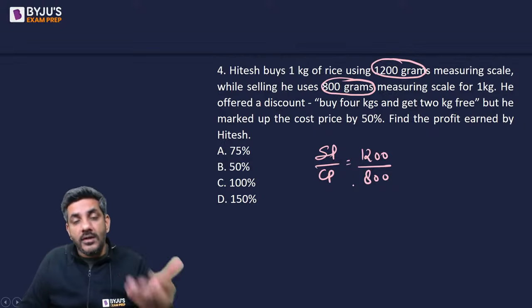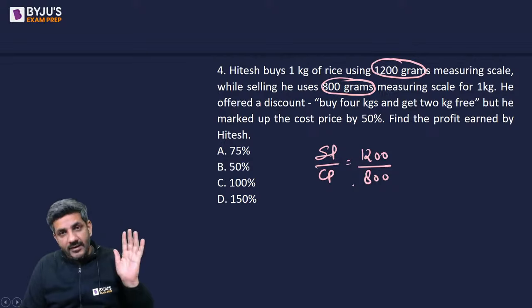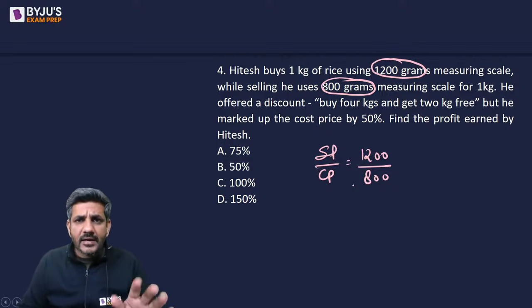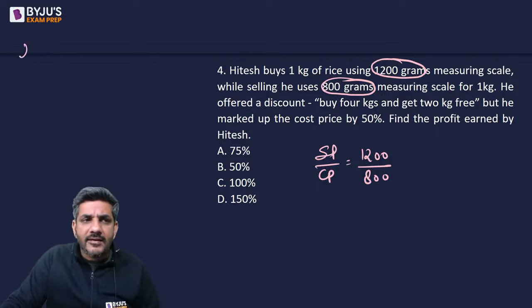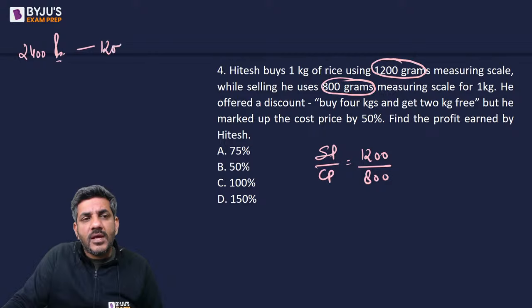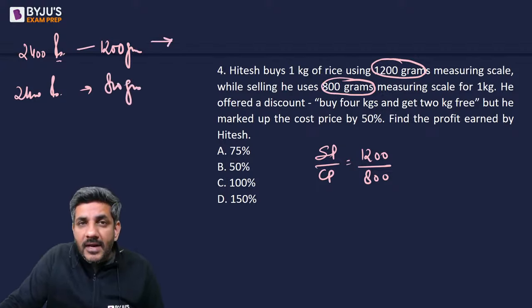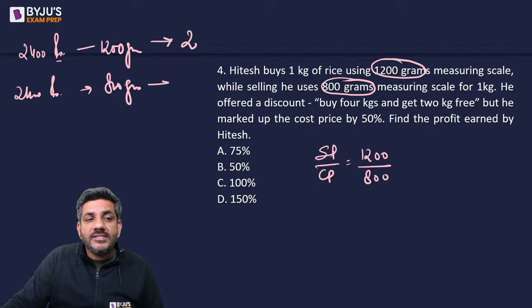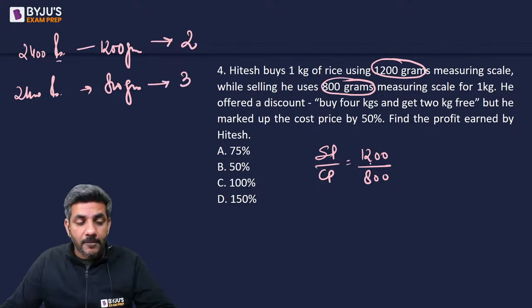And when he sold, he called them as 1 kg, but he sold 800 grams. So let us say I'm just taking a multiple of 1200 and 800. For 2400 rupees, he purchased 1200 grams, and for 2400 rupees, he sold 800 grams. That means his cost price is 2 rupees per gram, his selling price is 3 rupees per gram. So I can say SP by CP is 3 by 2.